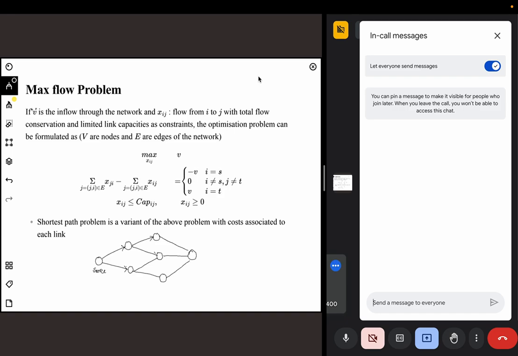Something like this. So all you have is this is a source and this is a sink.